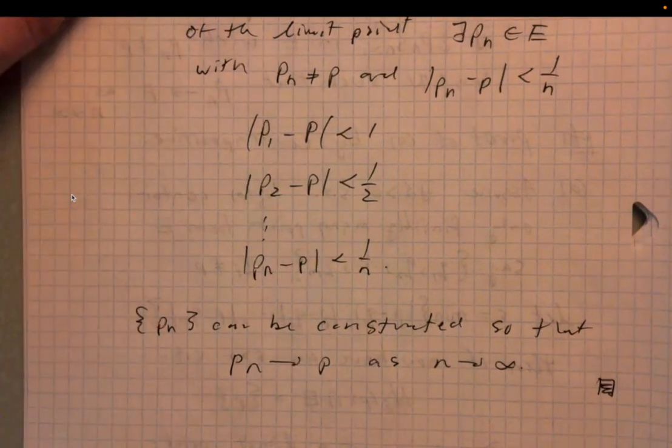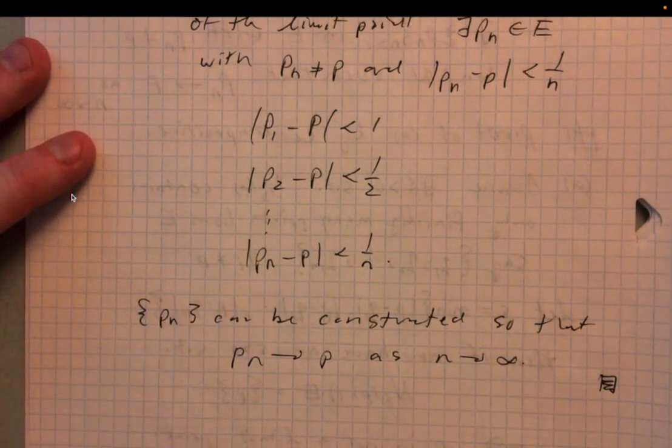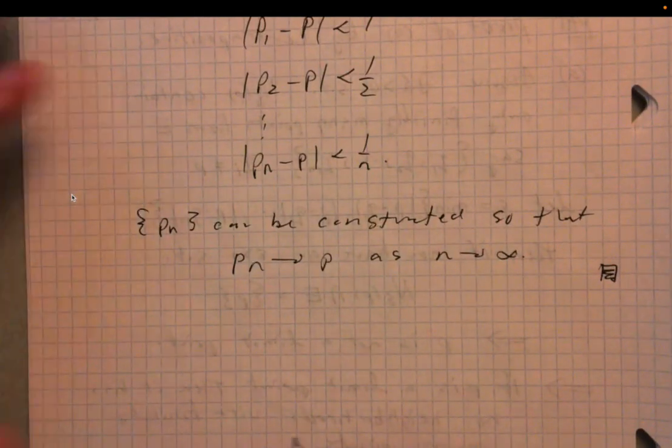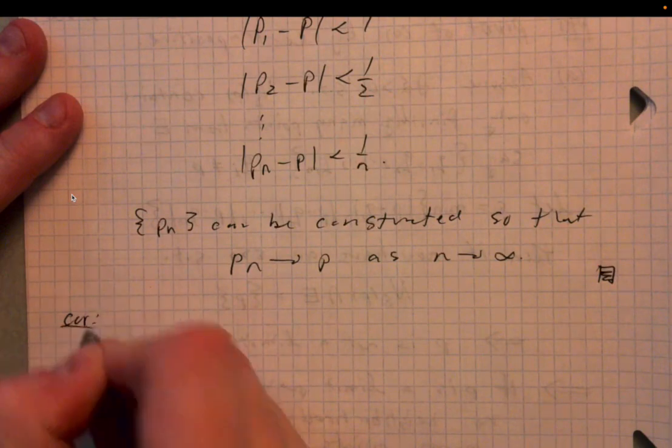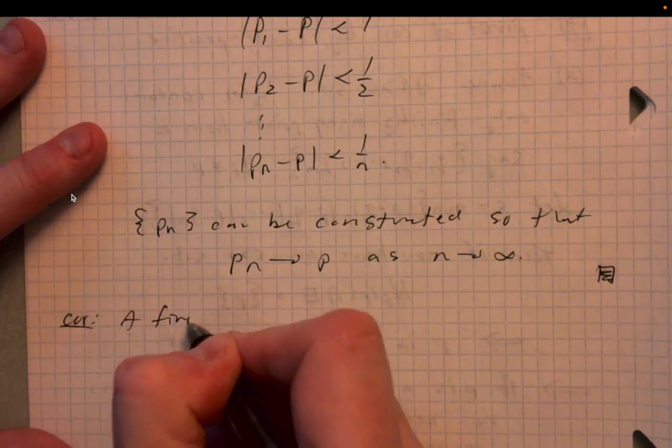Okay, and kind of a quick corollary here before we go to the Bolzano-Weierstrass theorem, and this is something you probably have already thought of, is that a finite set has no limit points.